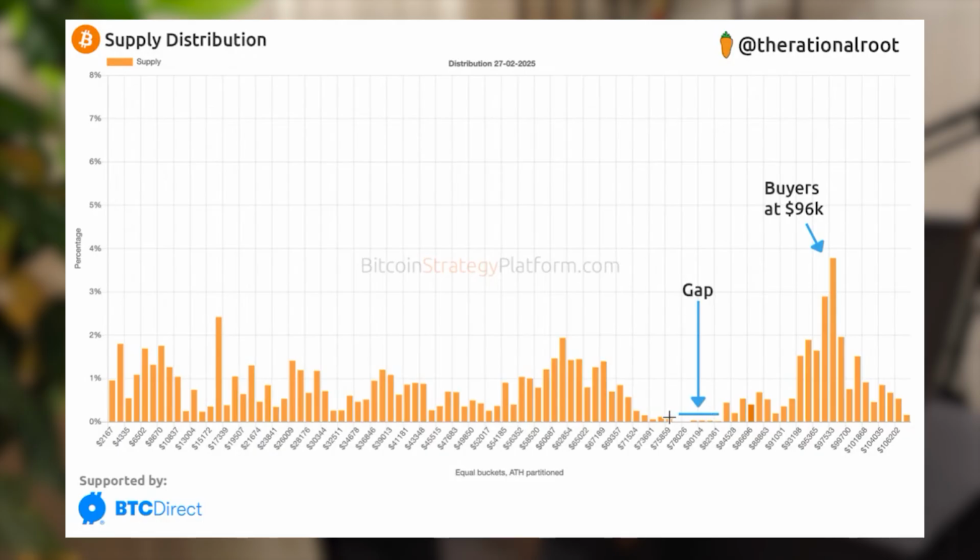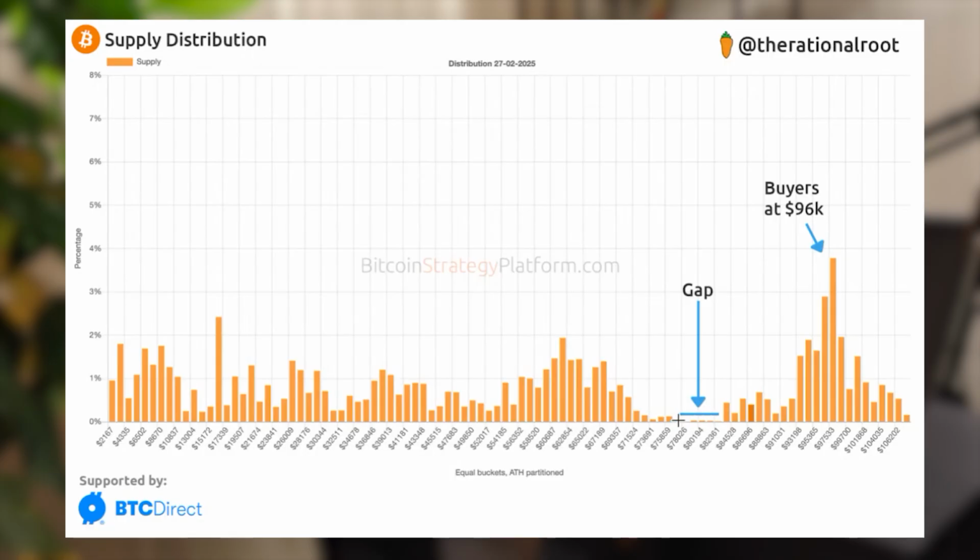Typically when you have exponential price movements and price goes up too fast, it can indeed cause this gap. The problem with this gap is that you skip an entire price level where there's very little resistance or support. So once you get a top-heavy market and you start pulling back to this level, there's little support to sustain that gap, and you're likely to fall into the gap.